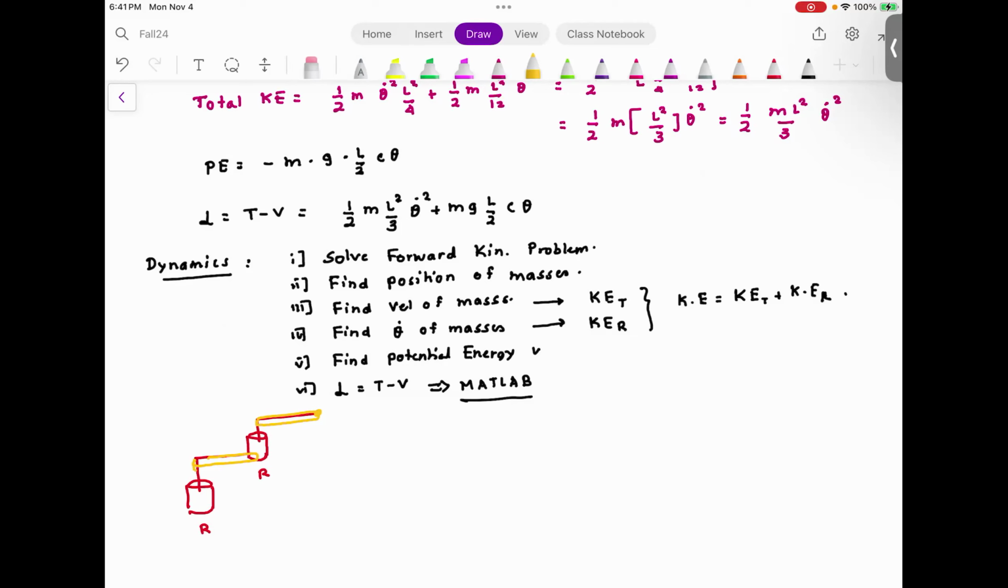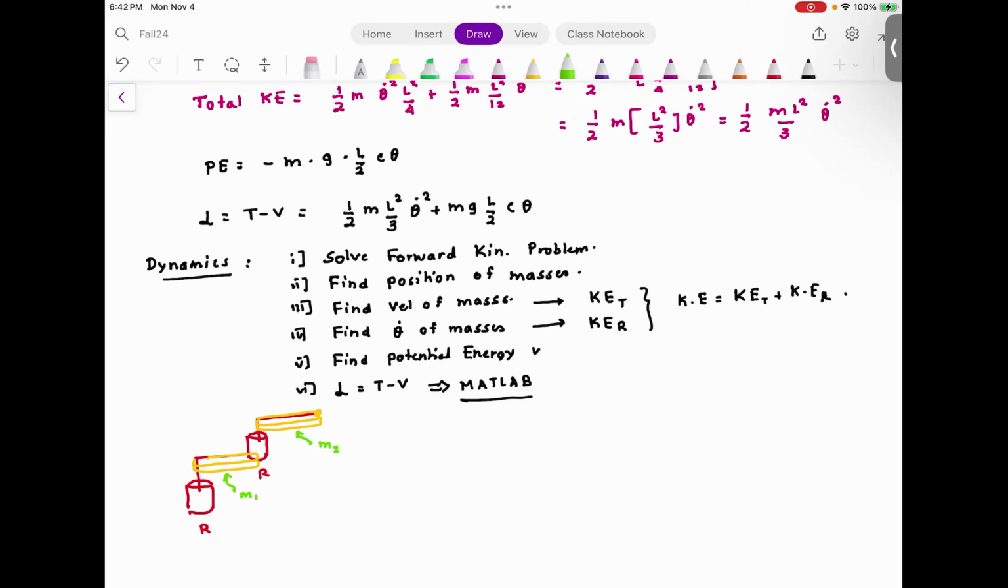So which means I have this link and I have another link, and this link has mass m1, which is distributed. I have this link which has mass m2, which is distributed. Everyone understood this?